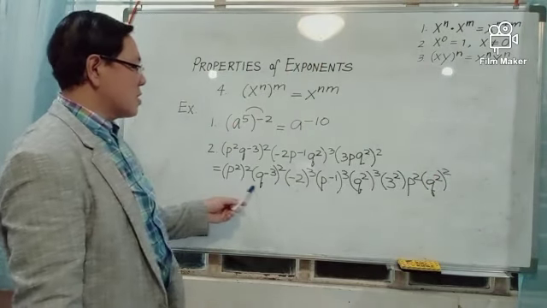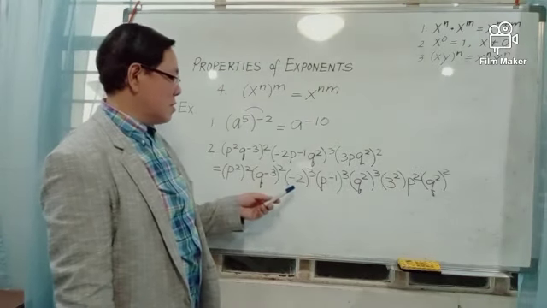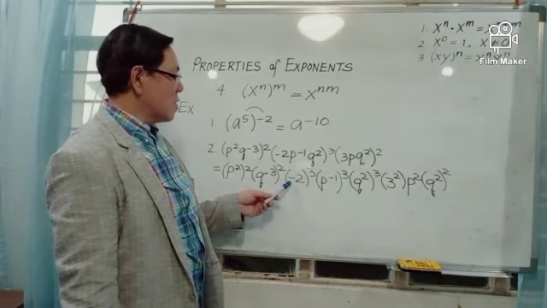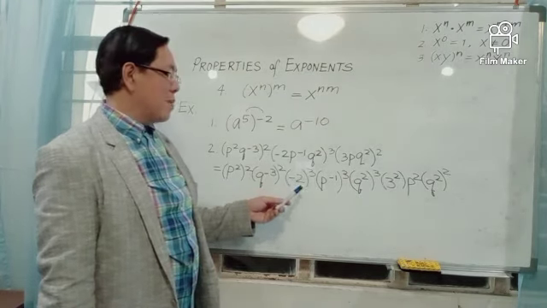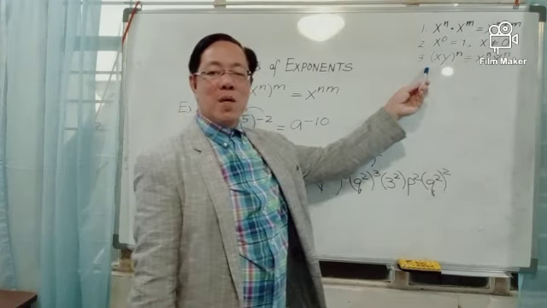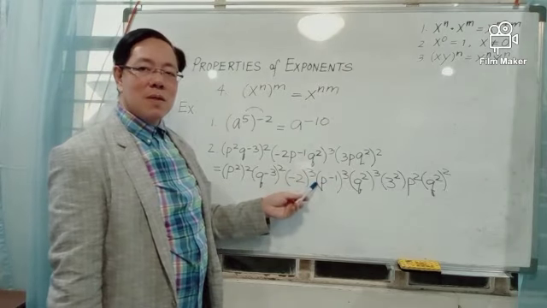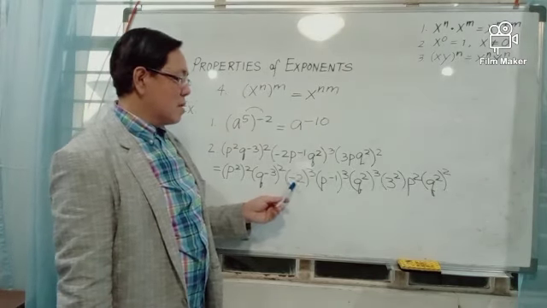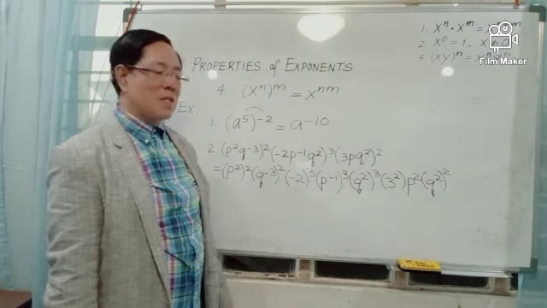To simplify this product, start with the numerical coefficients. This is actually negative 1 multiplied by 2. And apply the third property of exponent. Raise negative 1 to 3. Negative 1 to 3 means you multiply negative 1 by itself 3 times.